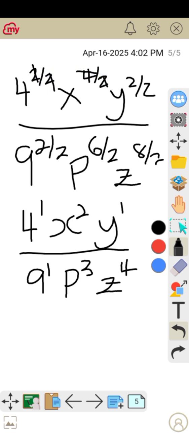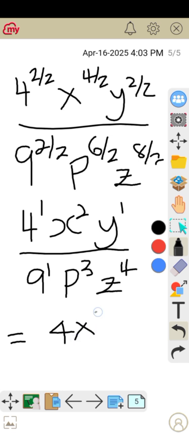Now, in case you're wondering, 2 into 2 will give me 1. 2 into 4 will give me 2. 2 into 2 will give me 1. 2 into 2 will give me 1. 2 into 6 will give me 3. And 2 into 8 will give me 4. In case you're wondering where I'm getting the 2, 1 from. All right. So at this point, our final answer becomes 4. 4 raised to the power 1 is 4.